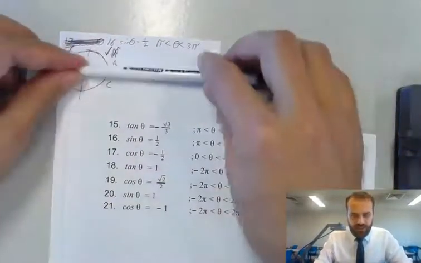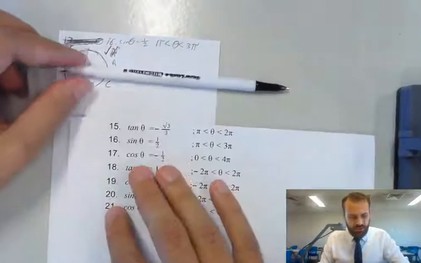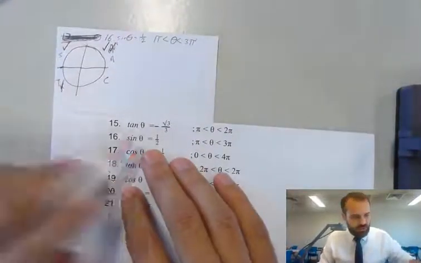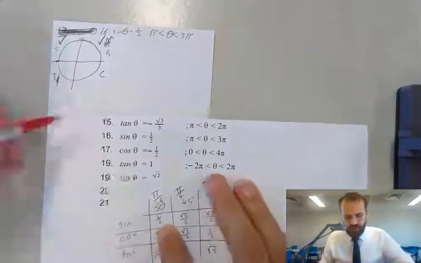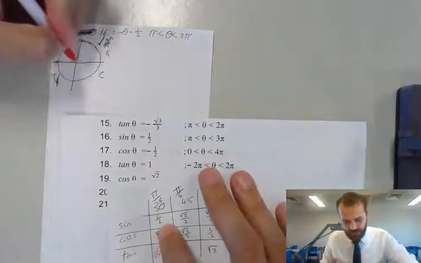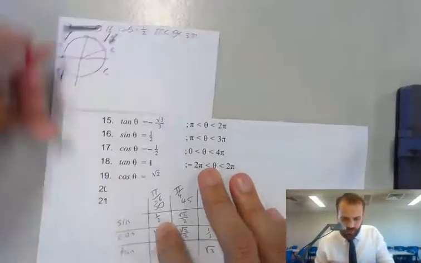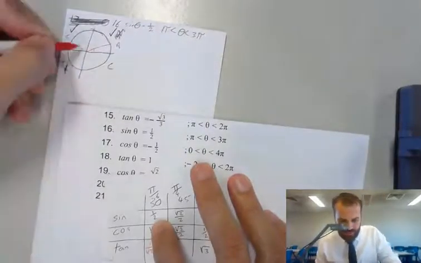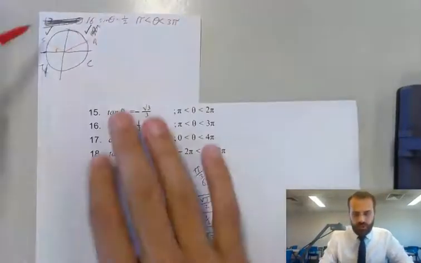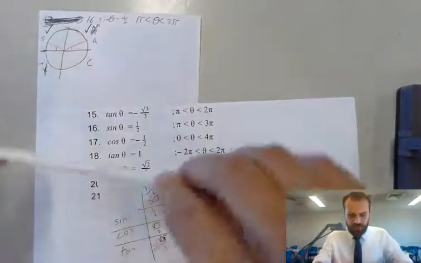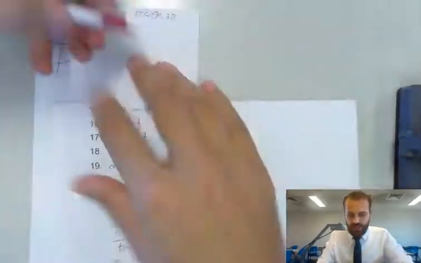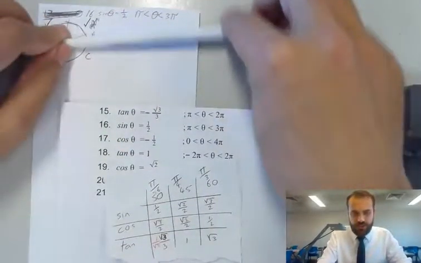Okay, so it's tempting here to go, well, let's draw them in. Sine theta equals 1/2. Pi on 6. Alright, so we've got our two reference angles in here. Now, it's tempting to say that one of the answers would be pi on 6.